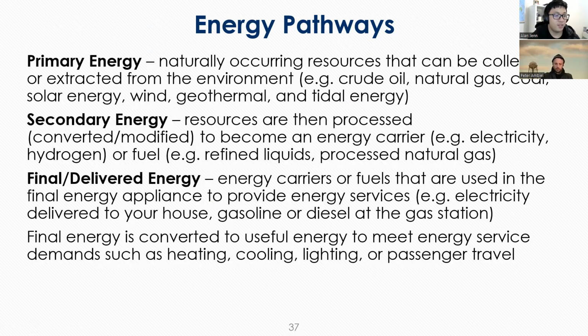And final delivered energy, these are energy carriers or fuels used in final energy appliances to provide your services. So this is like the electricity arriving at your house or the gasoline at the gas station. And these are then converted to the energy service that you ultimately care about.